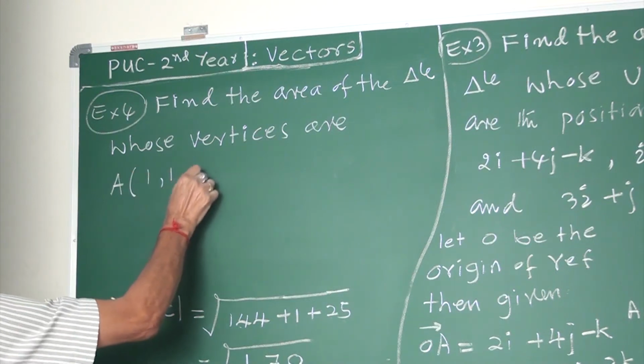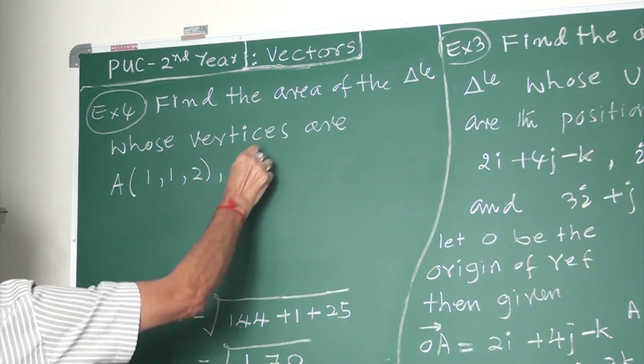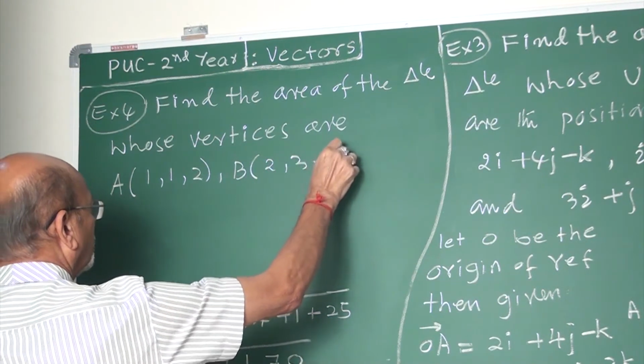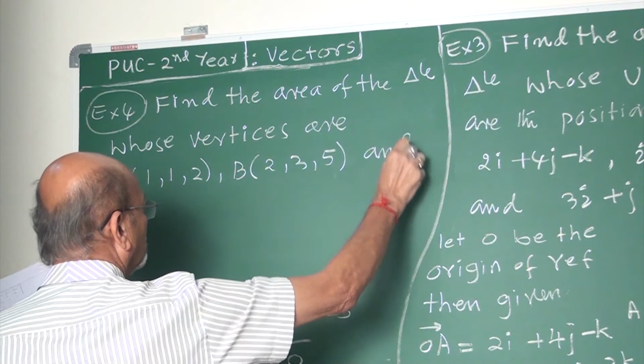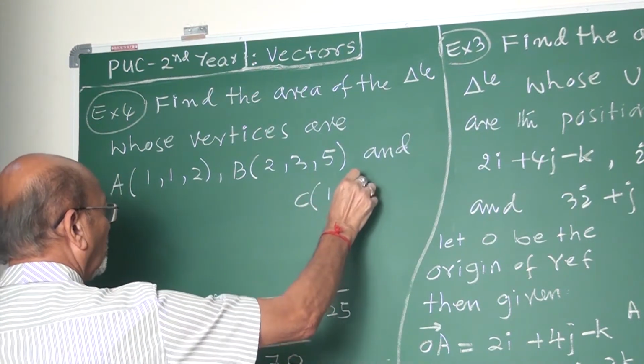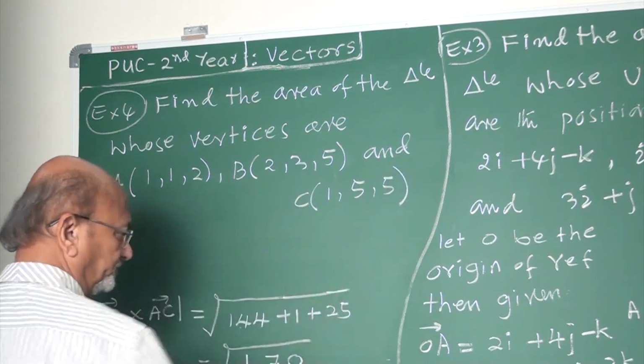A coordinates are 1, 1, 2. B coordinates are 2, 3, 5. And C is 1, 5, 5.